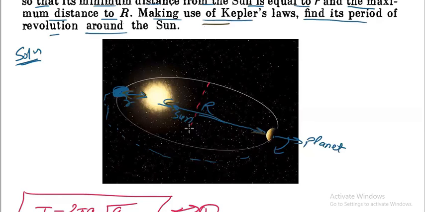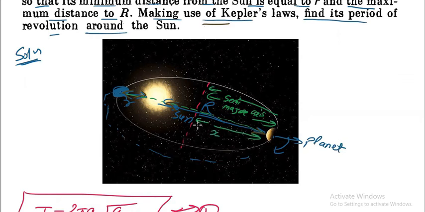Let me show you which axis will be the semi major axis. This distance will be the semi major axis. Let me denote it with a, it will be more convenient. So this will be the semi major axis.